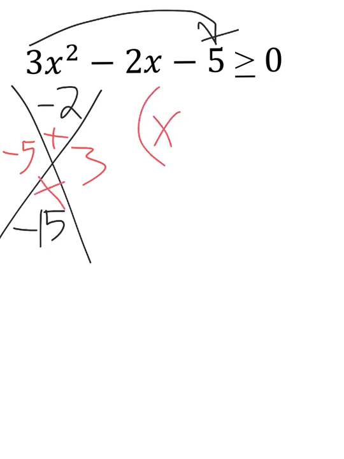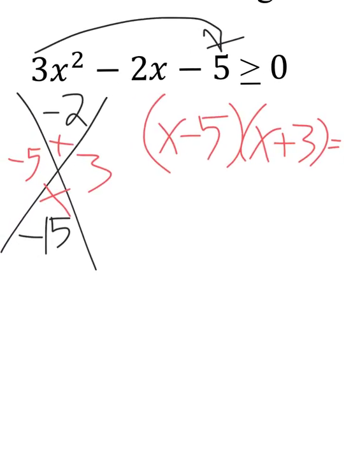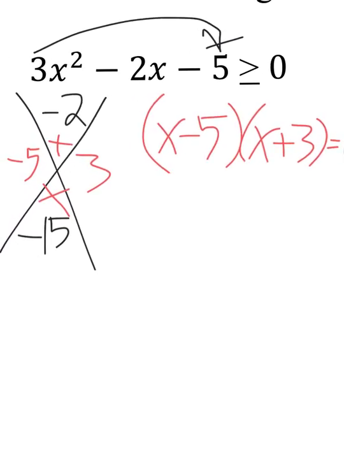So I say x minus 5 times x plus 3. And then you can write equals 0 for right now. And so remember, we multiplied a 3 to the back. So that means you have to divide that out next.